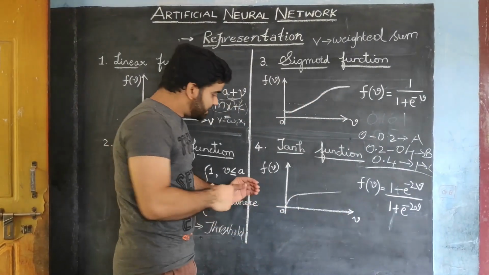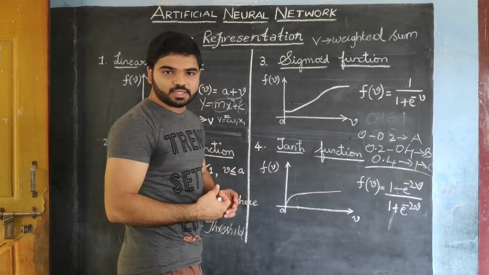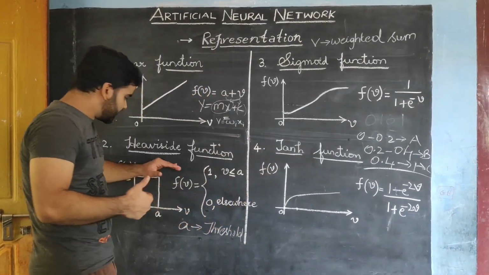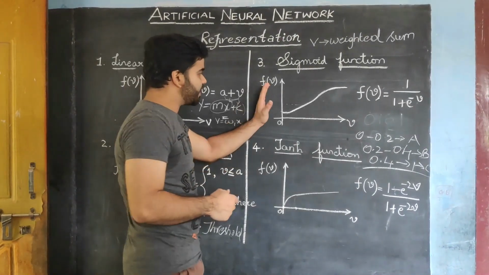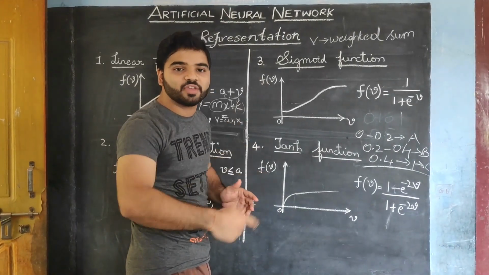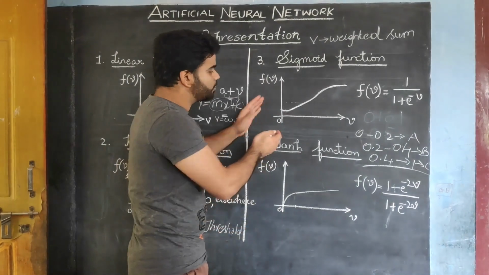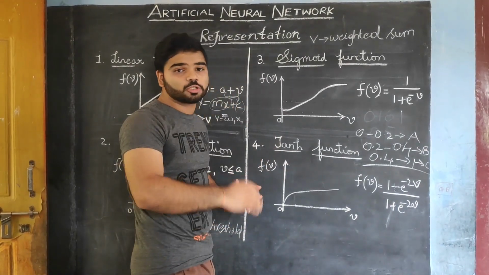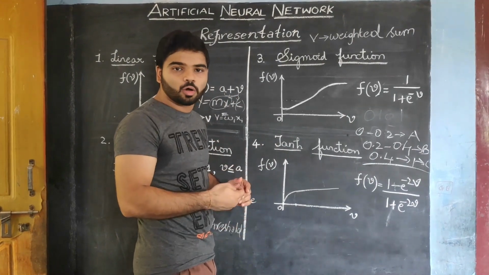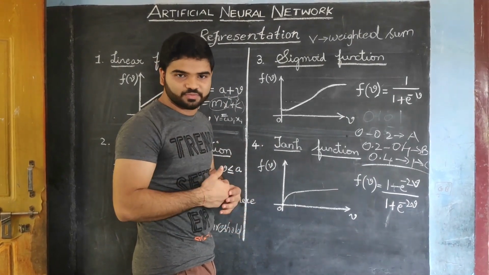So, depending upon your requirements, I have told you the Heaviside step function is used for binary classification. The sigmoid can be used for classes which are more than 2, in order to produce an efficient result. Whereas, this tanh function can also be used for 2 or more classes classification.